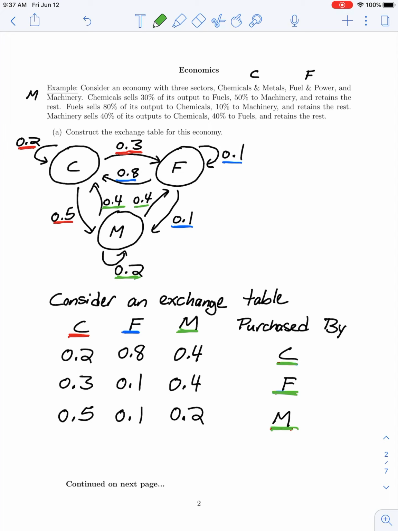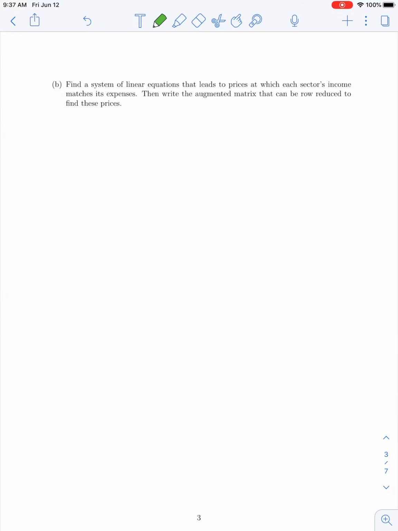So this was part A. We wanted that exchange table. And in the second part of this problem, which is going to be continued on the next page, we are asked to find a system of linear equations that would lead to prices at which each sector's income would match its expenses.